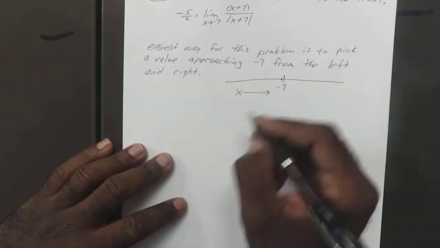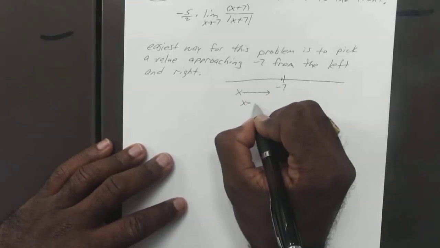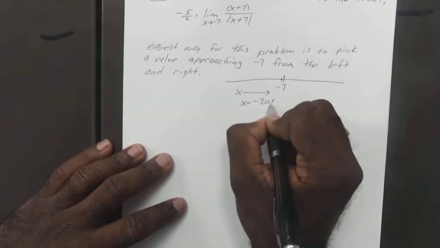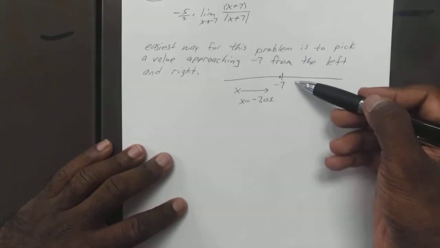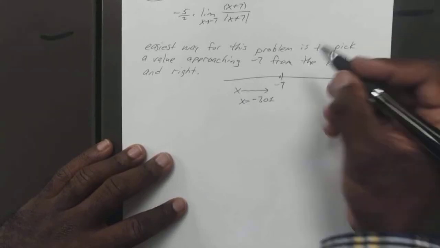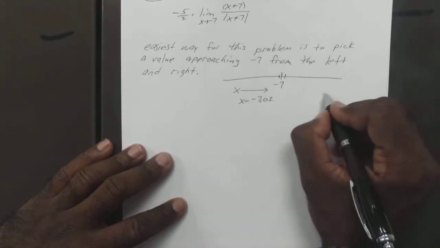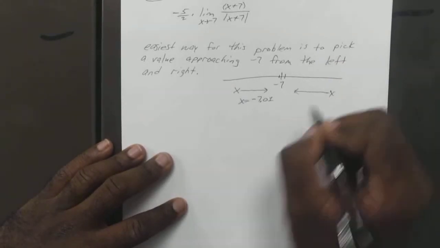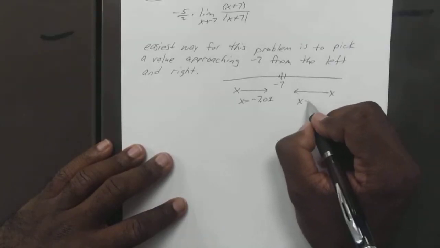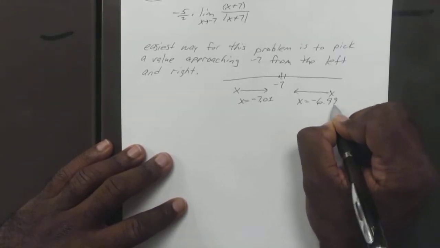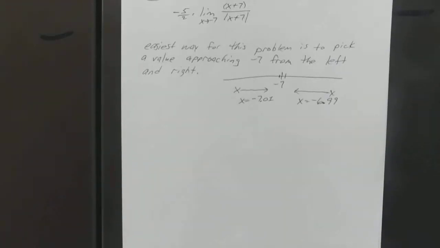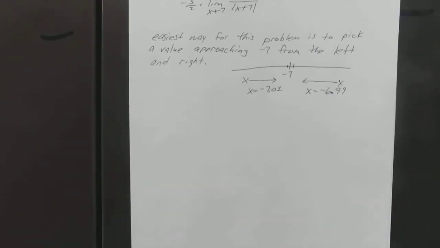That's really close to negative 7. And when we're approaching from the right, we'll pick x equals negative 6.99. Again, really close to negative 7, but not equaling negative 7. We can always get a little closer and a little closer, but that's close enough for our answer.